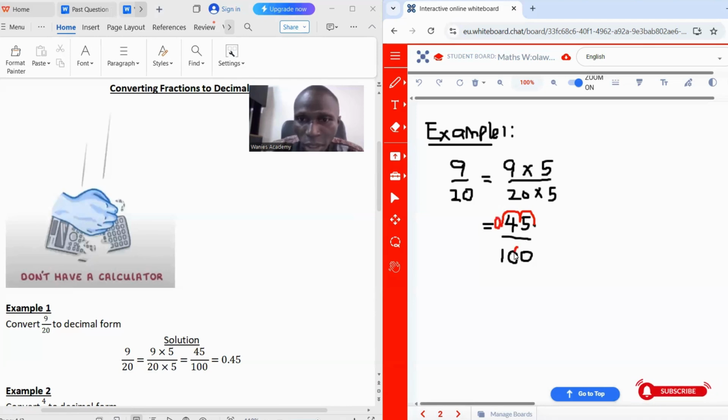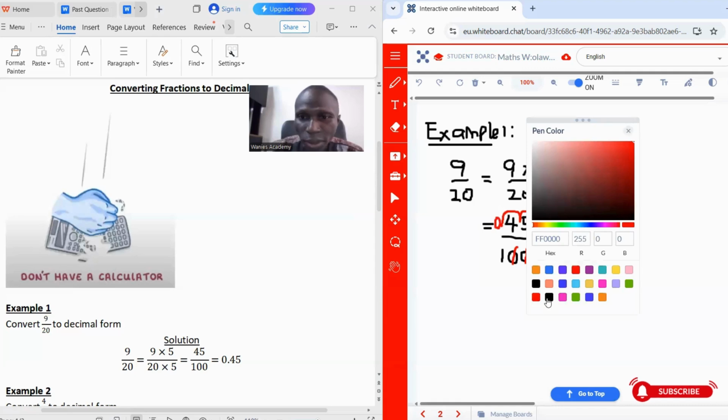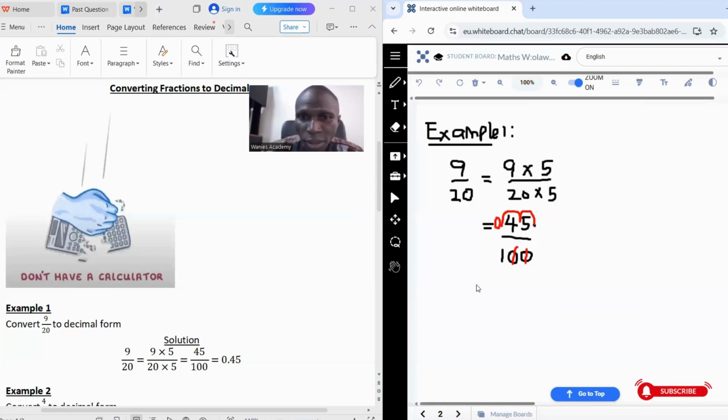From here, we can cancel off the 2 zeros. So our answer is 0.45. This is the conversion of 9/20 to decimal form.